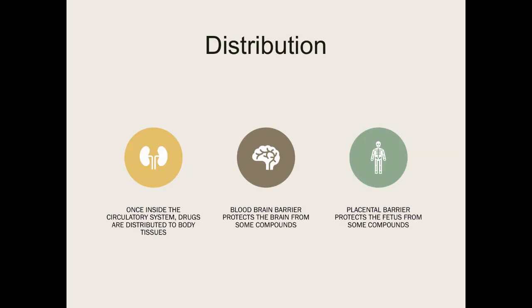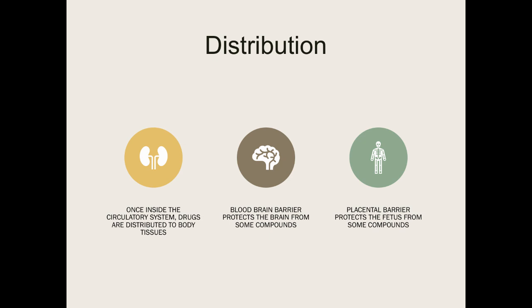Now, distribution. I've given this medication to you, it's been absorbed. Now we have to distribute it. Well, it needs to be distributed to the site of action. So it's inside the circulatory system and distributed to your body's tissues to wherever it needs to act. Well, we've got this blood brain barrier. It protects our brain from a lot of compounds. Same thing as a placental barrier.